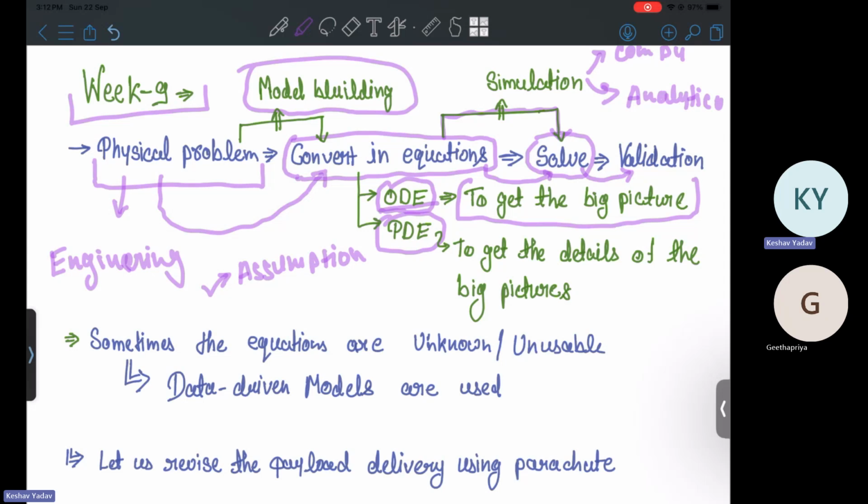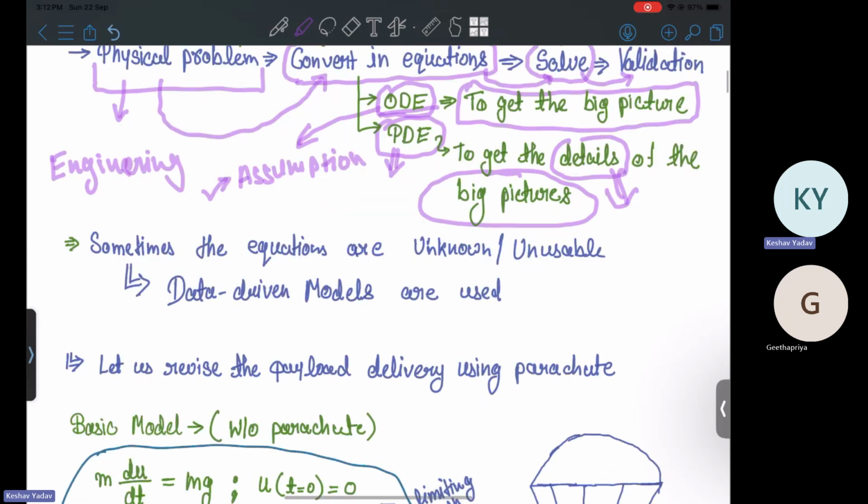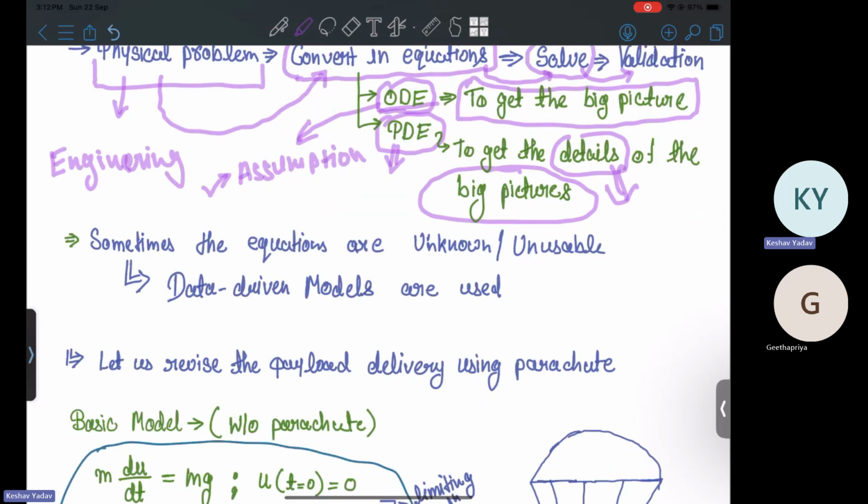This is a simpler one to get the bigger picture of the physical problem. And once we solve this ordinary differential equation, to get more details of the big picture, we relax some assumptions and go to partial differential equations. This partial differential equation gives more detail of the physical problem. Okay, clear?